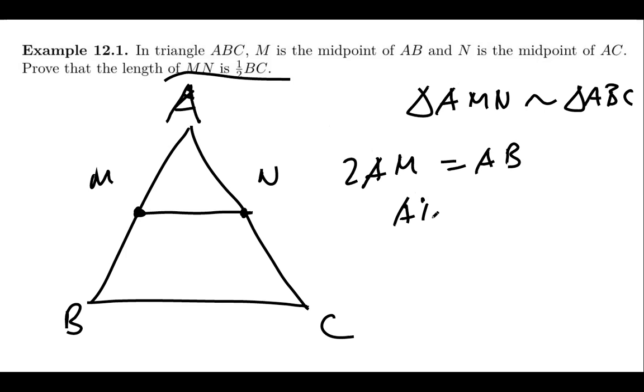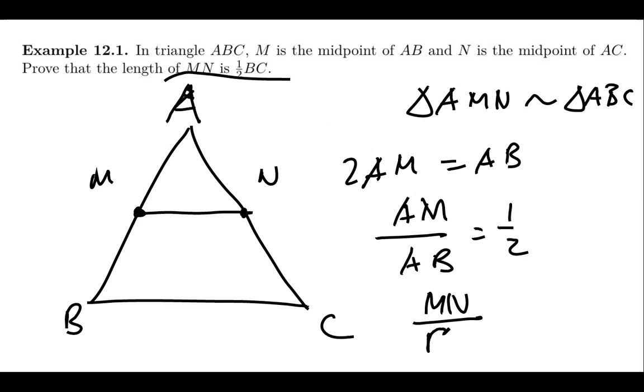So AM over AB equals 1/2. And since the same ratio has to hold, that means MN over BC equals 1/2. And that just gives us MN equals half BC. So this is a pretty interesting fact that might be helpful in solving some problems.